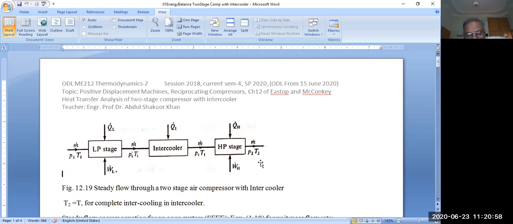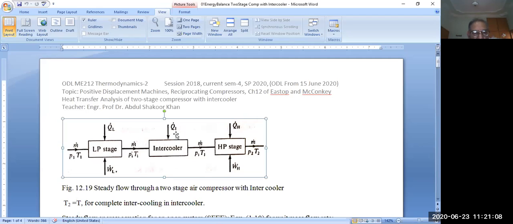This is also an open system, and the steady flow energy equation will be applied, and we will calculate heat transfer QH, Q intercooler QI and QL. Q dot L in low stage compressor, cooling water is circulating in the cylinder jacket.